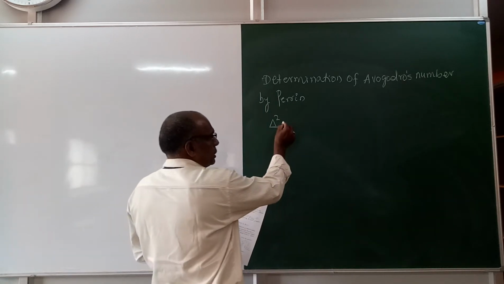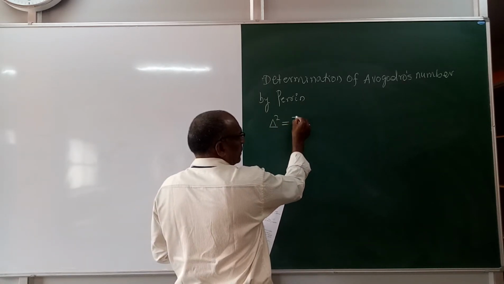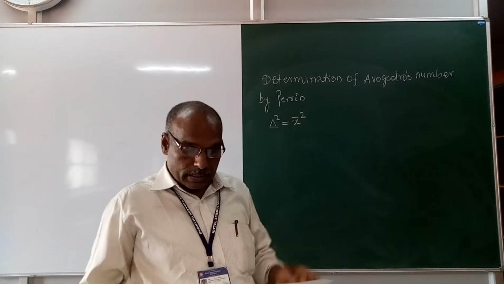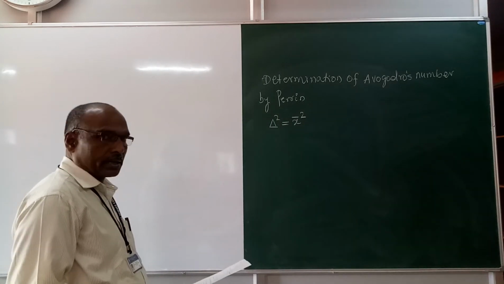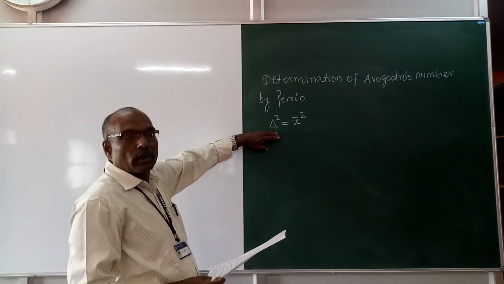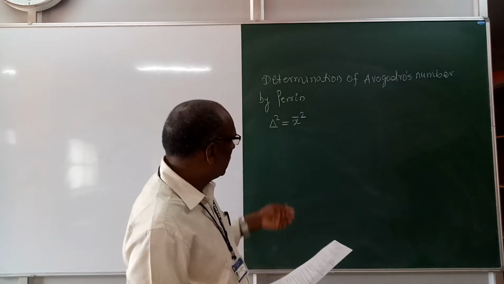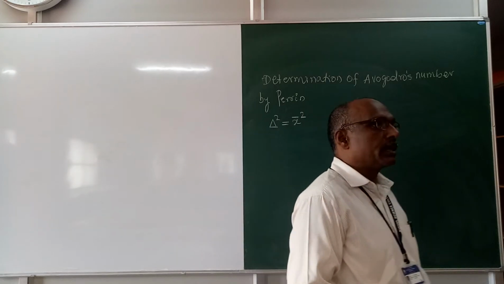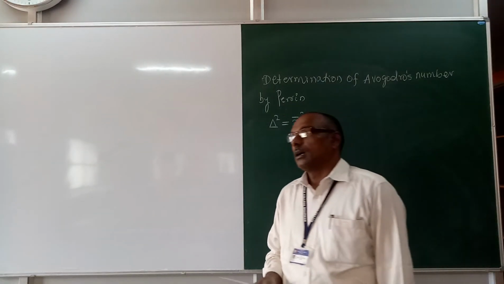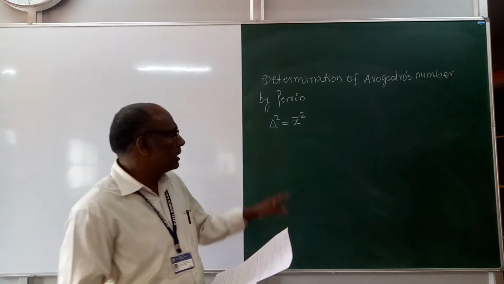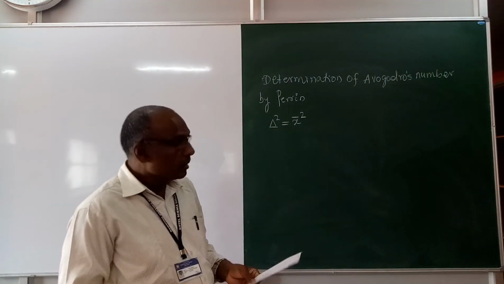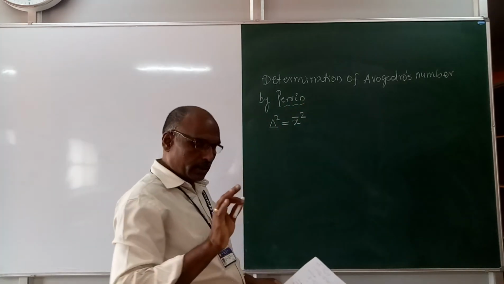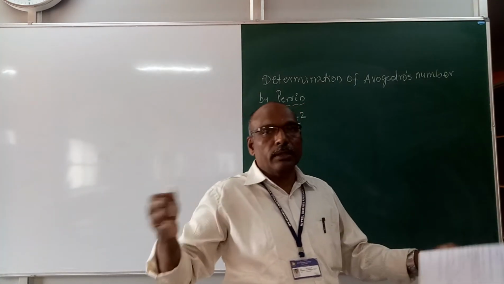I can write this as x bar mean square, the mean square displacement of the Brownian particle determined from Einstein's theory, in time t. Perrin is another person. It is a usual method. Even today, the method is going on.